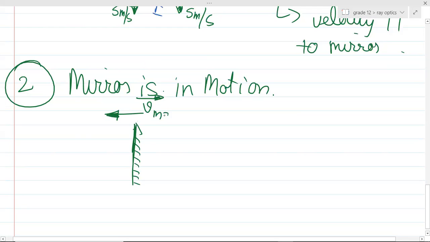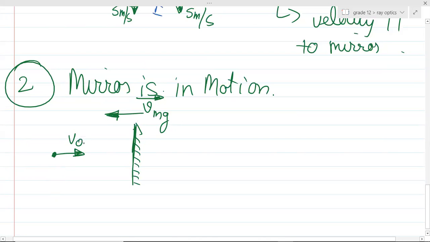Can you see over here, this vm is with respect to ground, right? The velocity of the mirror with respect to ground I have given you. And let's say the object is moving in this direction. Please remember the direction won't play any role because I am using vector sign, so the answer will come with vector sign. I'll tell you exactly how to apply this in numericals.